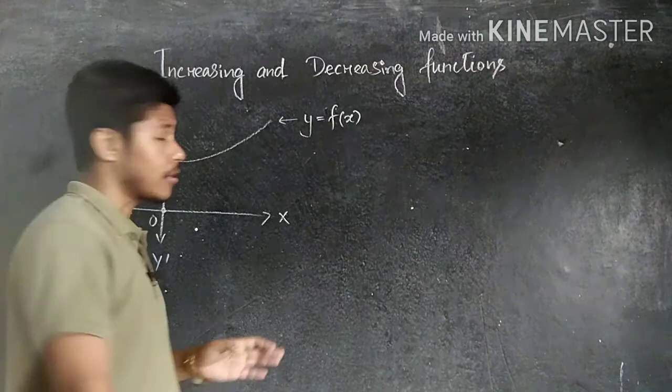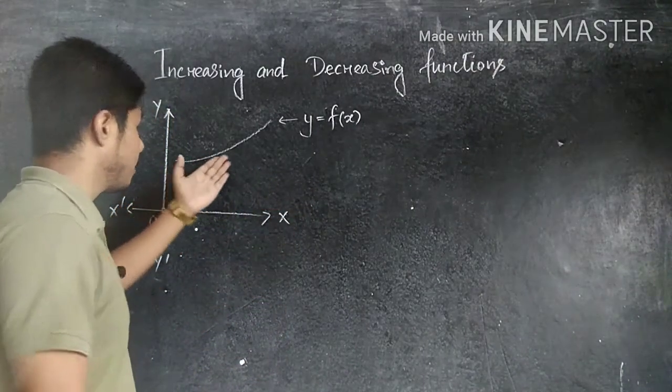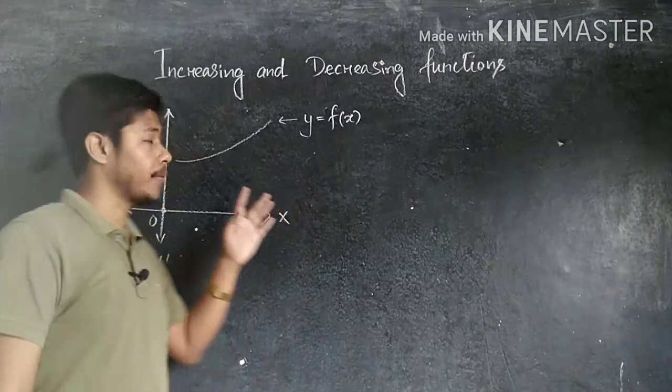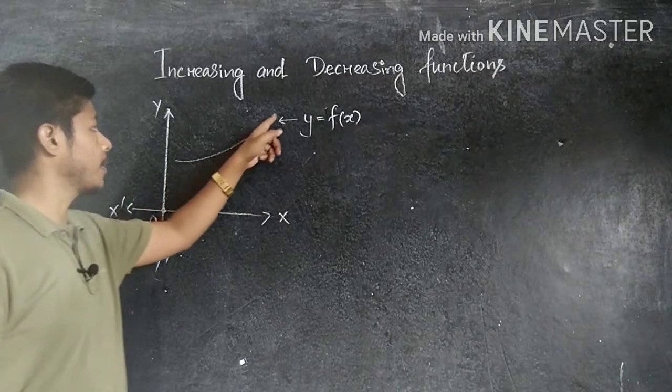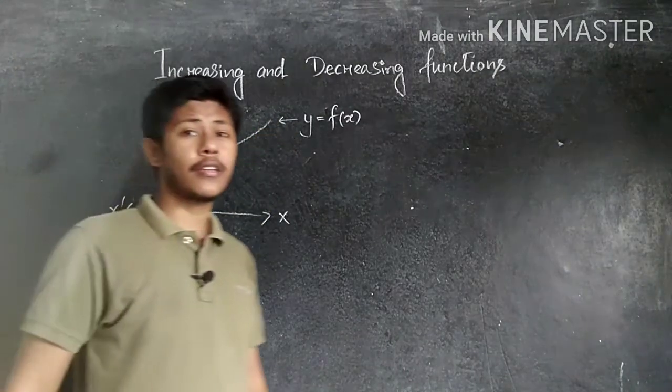Is it clear? So graphically we know the name of this graph: it is a strictly increasing function, because in each and every place the graph increases. That's why we can say it is a strictly increasing function.